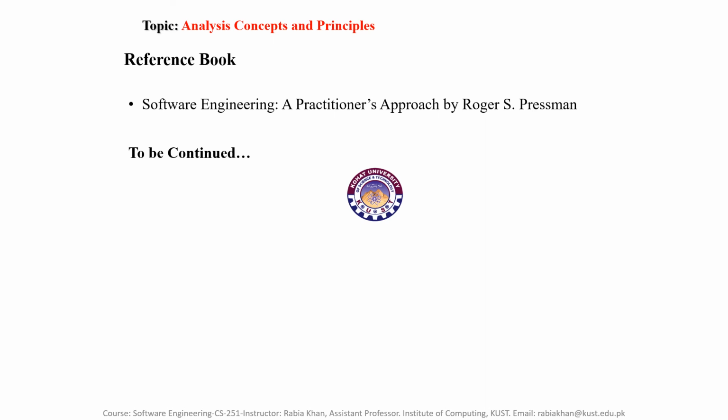The fourth principle states that the model that you have already drawn must represent information, function, and behavior. And that representation should be done in a hierarchical manner or needs to be partitioned easily. Now, partitioning is generally done to divide a complex problem into small sub-problems in order to make it more manageable.